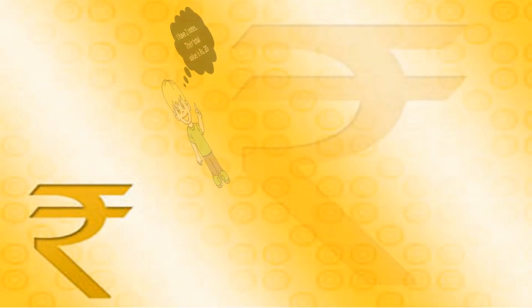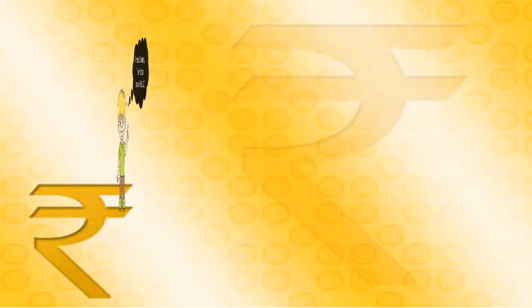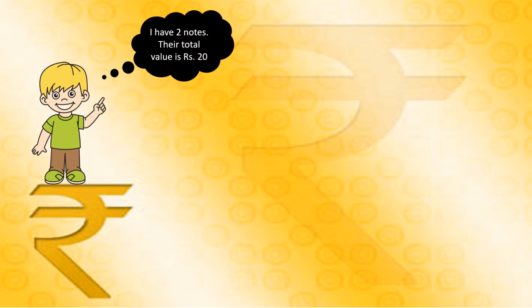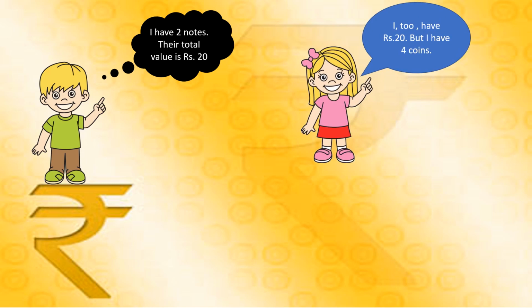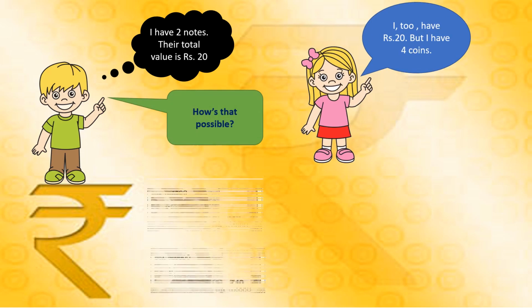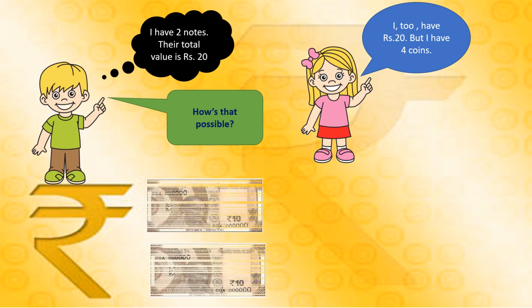Here we have Rahul. Let's see what he has to tell us. I have 2 notes. The total value is rupees 20. Tina says, I too have rupees 20, but I have 4 coins. Rahul is confused. How is that possible? Take a look. 2 notes, 20 is the value.